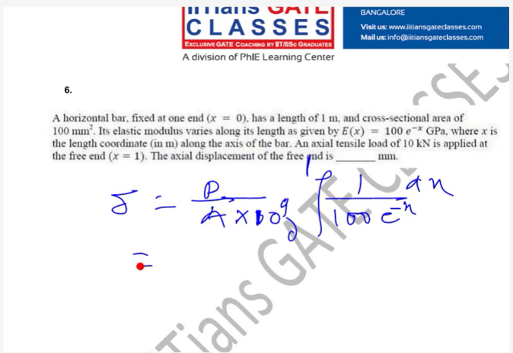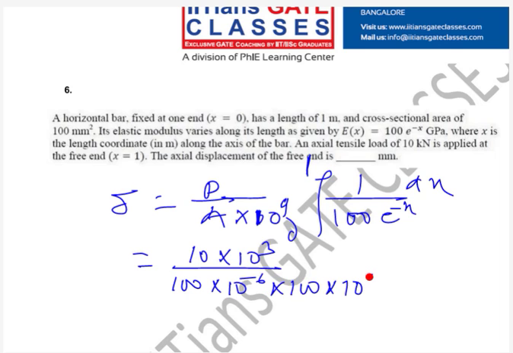So it is 10 into 10 to the power 3 upon 100 into 10 to the power minus 6 into 100 into 10 to the power 9, integral e to the power x from 0 to 1. Is it clear? Is it correct, guys?